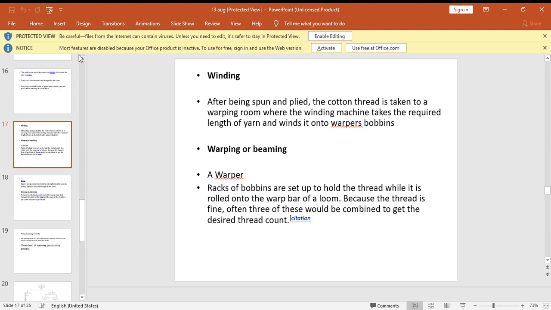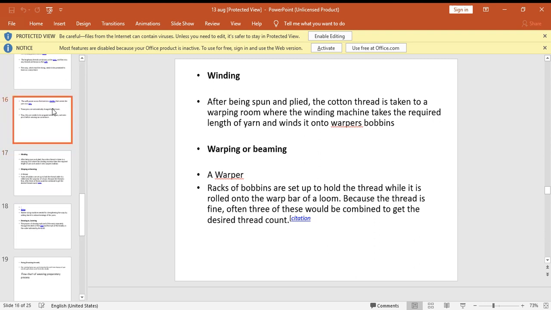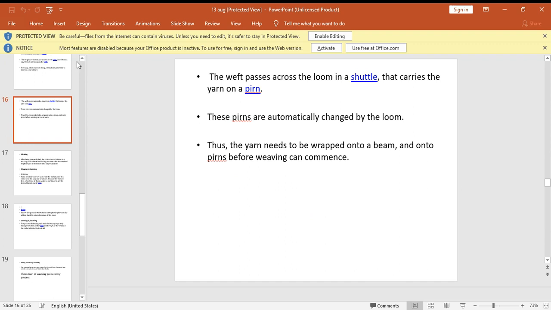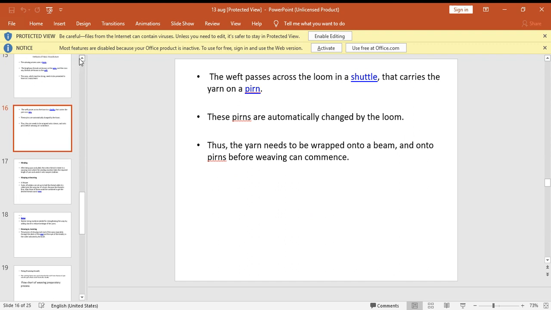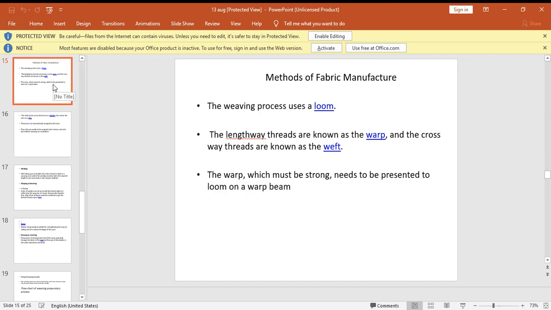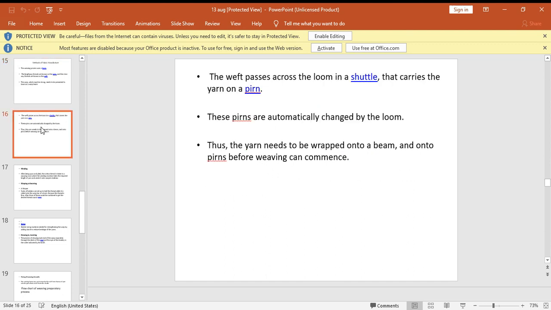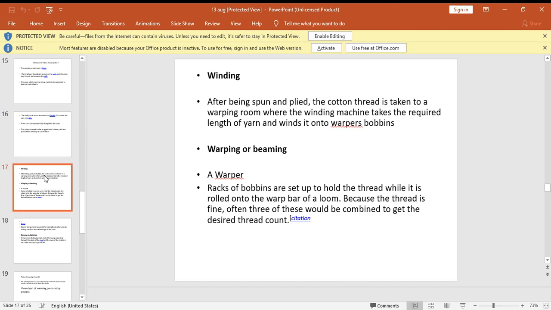Now we are going to learn the process stages. Winding.